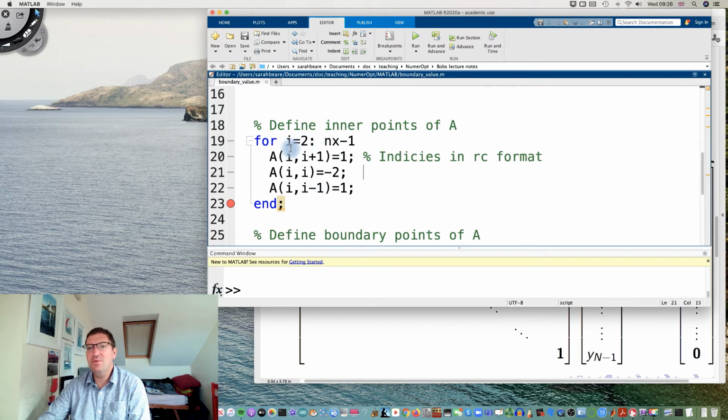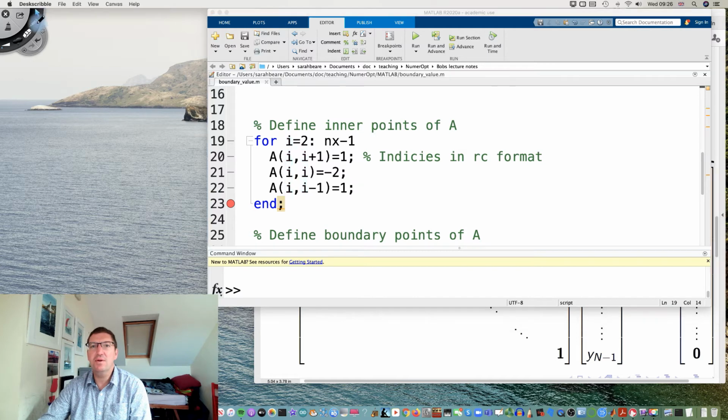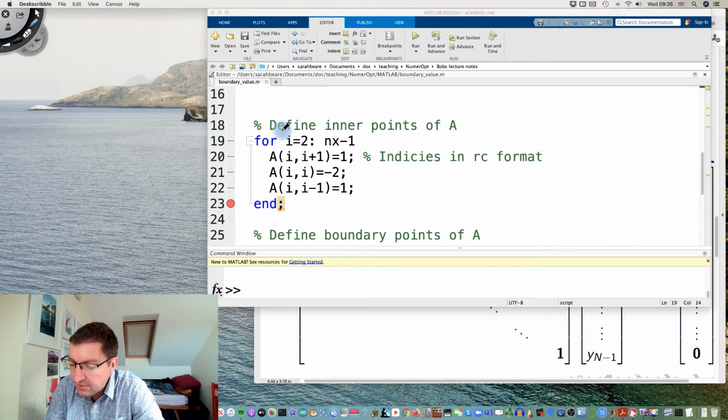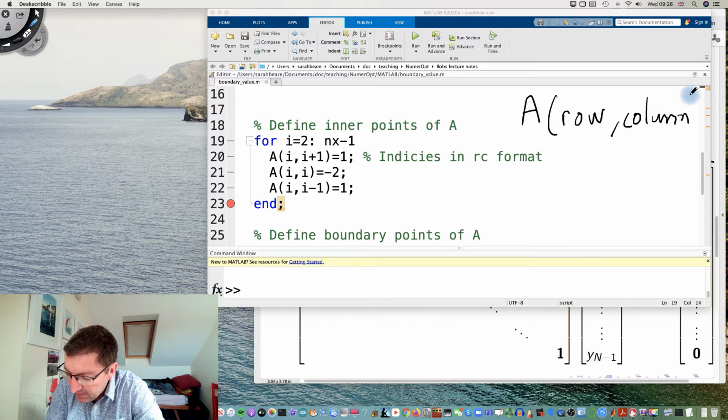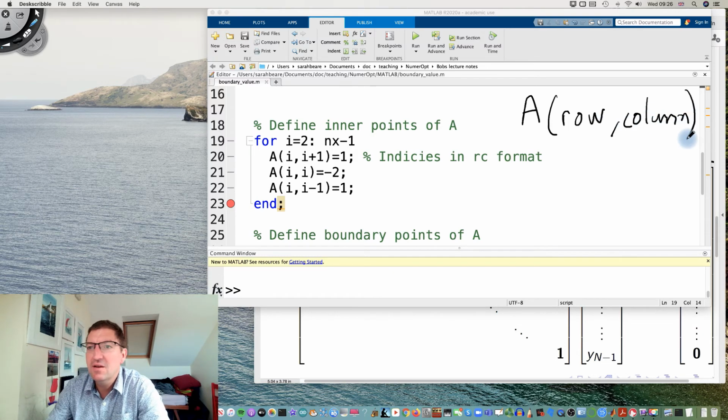So this is our interior points, and basically the format for A is in row column format. So let's just remind ourselves about that. So we have A, row, column, index. Of course, those are indexes.